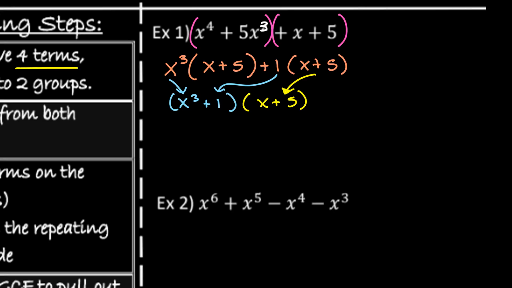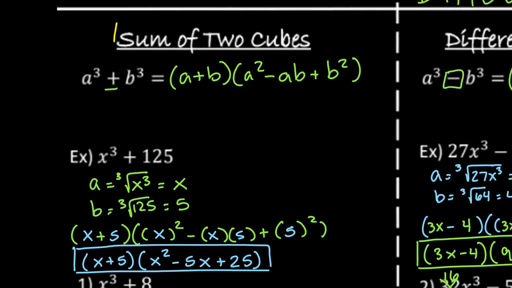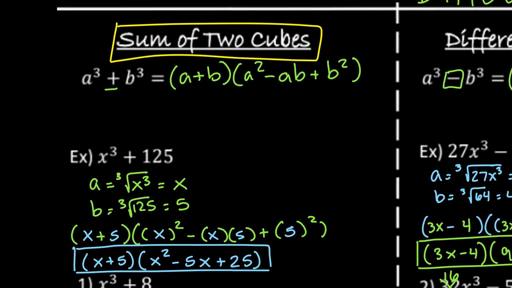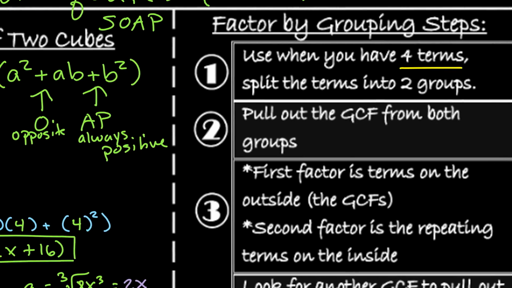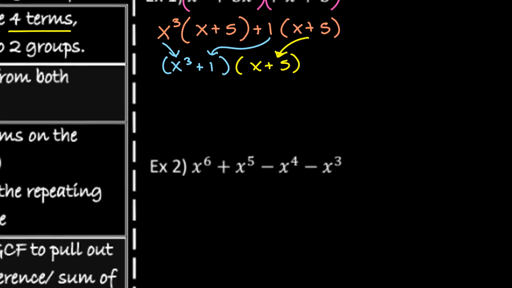What is the cube root of 1? 1. So what is x cubed plus 1? What do we call that? X cubed plus 1 is a sum of 2 cubes.